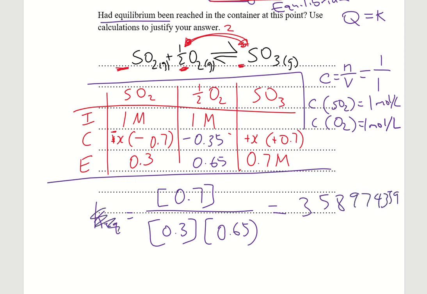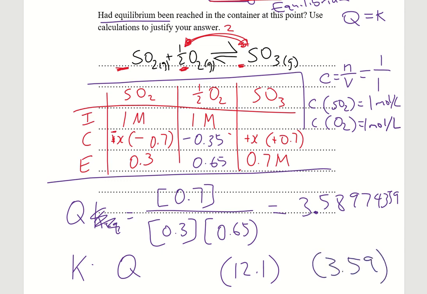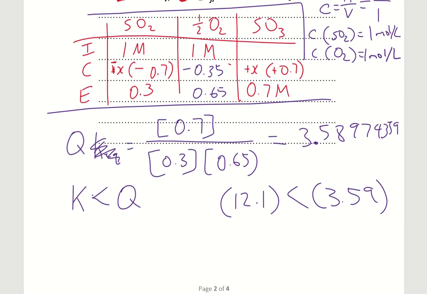So this is the reaction quotient we found, the concentration ratios at a particular point in time. If we want to know if we've reached equilibrium, let's just put K and Q. So we know that K is 12.1 and Q is, if we just round it off to 3 sig figs for our own convenience here, 3.59. So it's smaller than 12. So Q in this reaction is smaller than K, which means not at equilibrium.